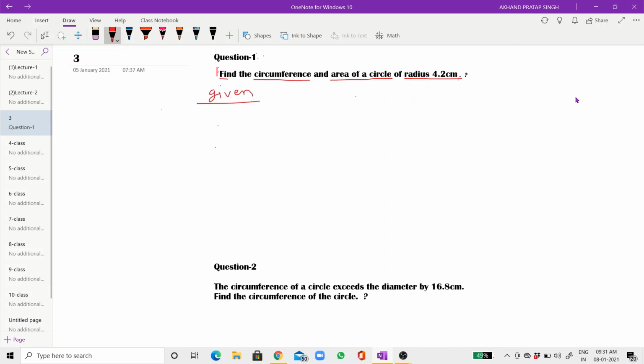You have to find out the circumference as well as the area, and r is given as 4.2 centimeter. So we know that the circumference is equal to 2 pi r. C is equal to 2 into 22 by 7 into r, where r is 4.2 centimeter.